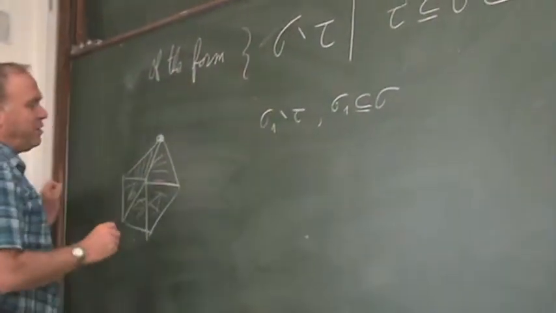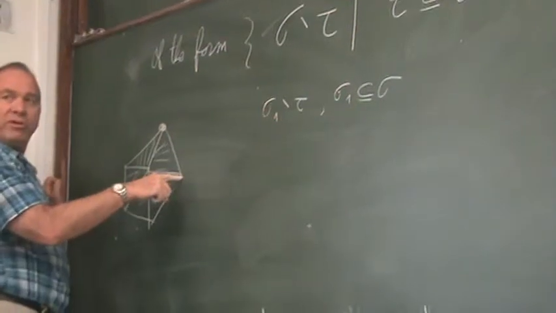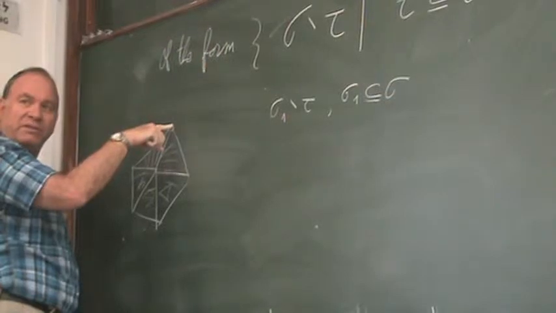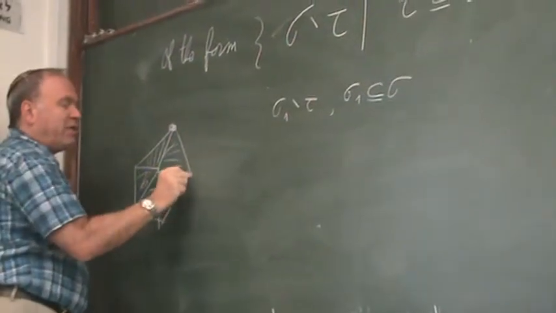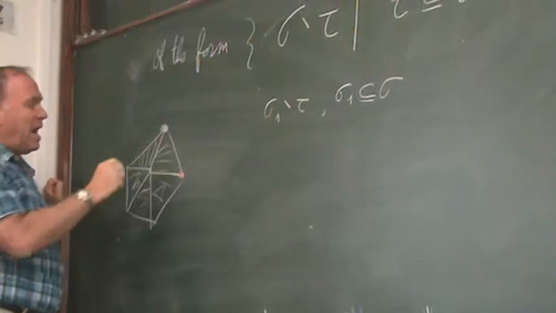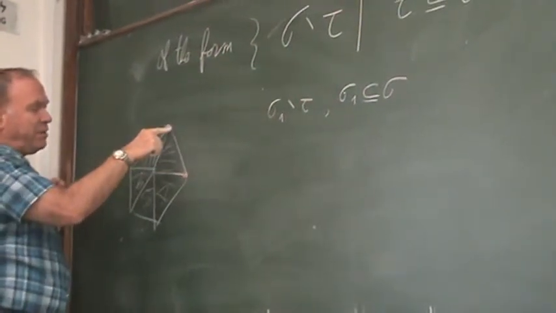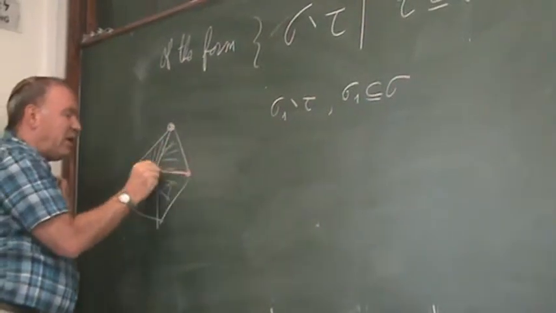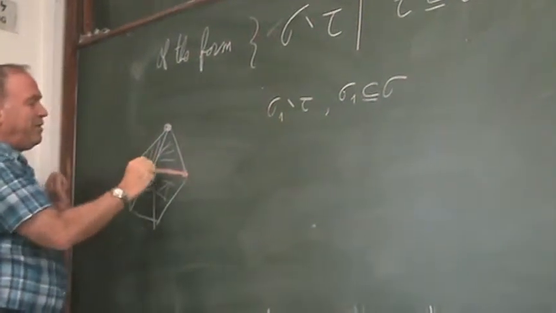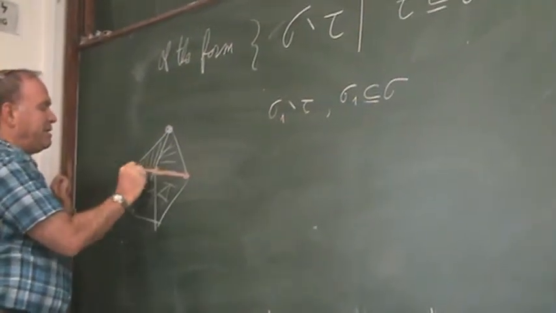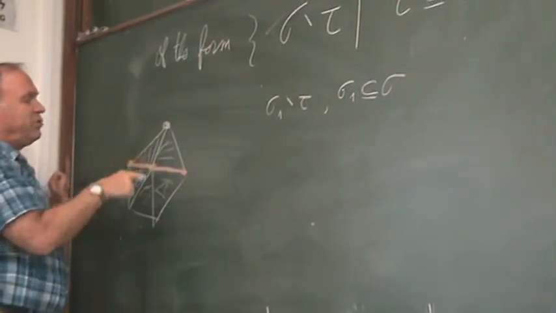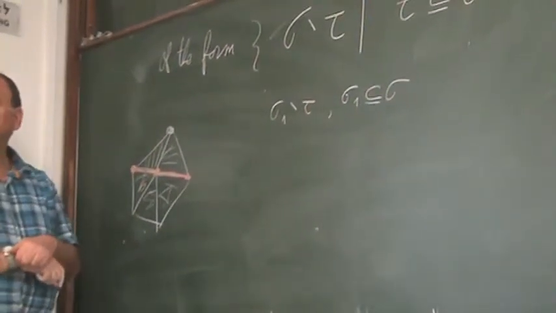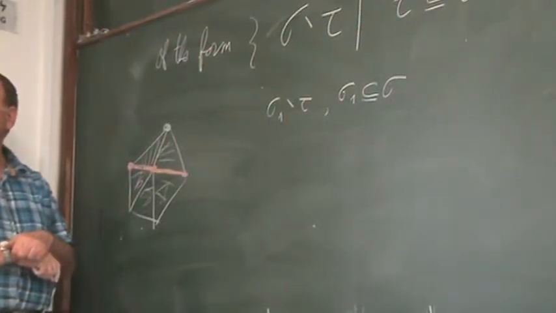So I take this edge, but then I delete this vertex, which means that I'm taking only the other vertex. I'm taking the triangle here, but I have to delete this vertex, so now I have only the edge. The same way I have this edge. So the link of this vertex is simply these two lines and three vertices.